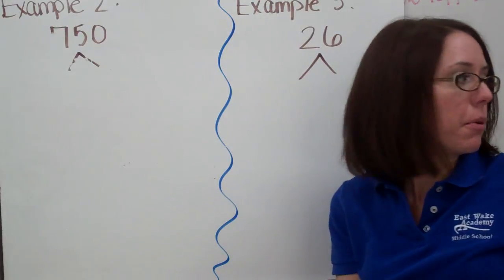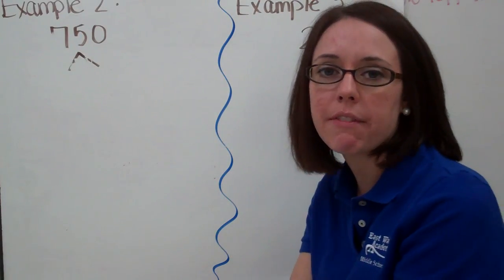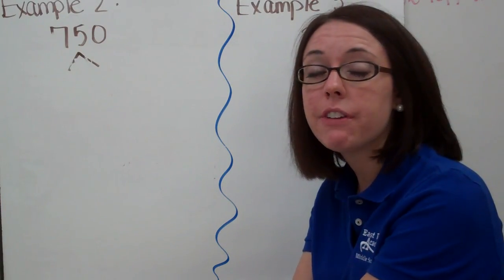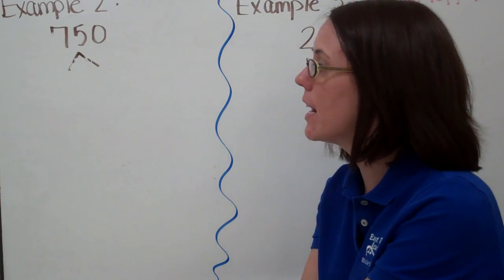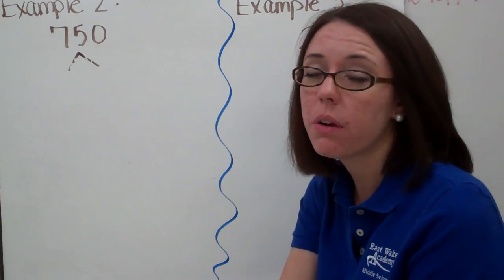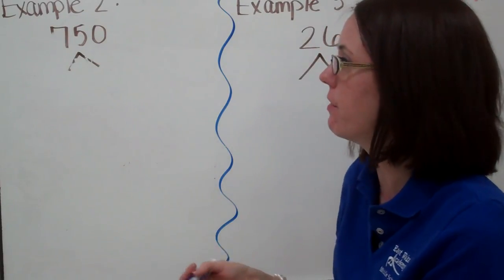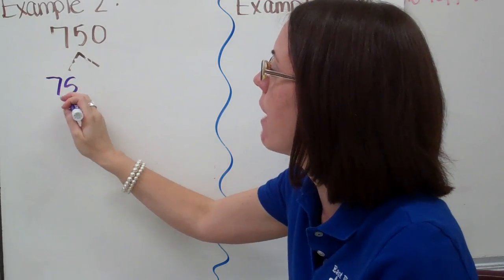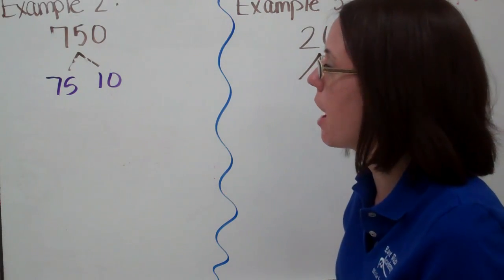A few more examples. Example 2, the prime factorization of 750. Think about it. 750 is a composite number because you can multiply more than 1 and 750 to get it. So, it ends at a 0. So you know that means it is divisible, or 10 is a factor of that number. So 75 times 10. Can I stop there? No, because those numbers are not prime.